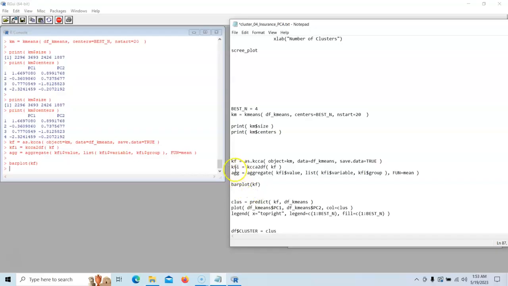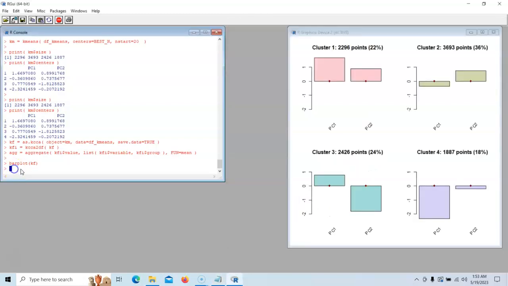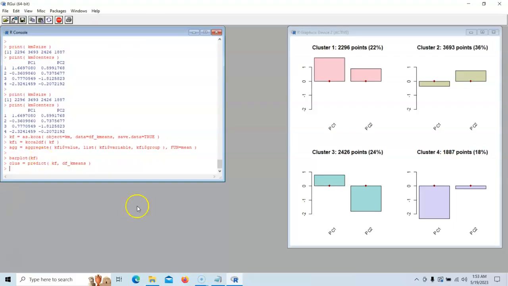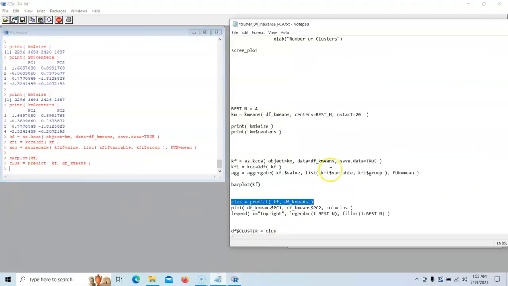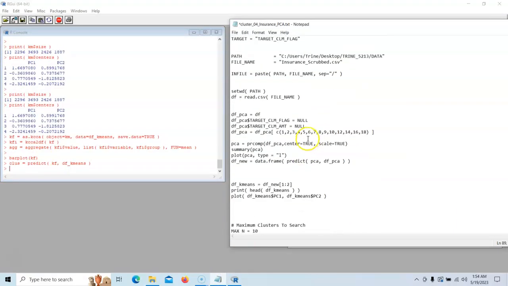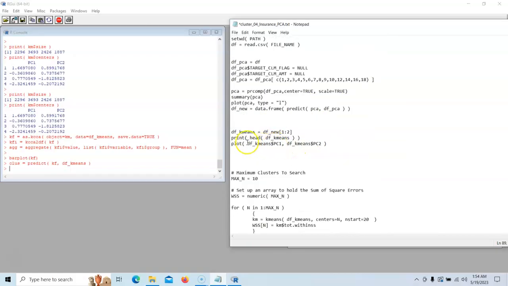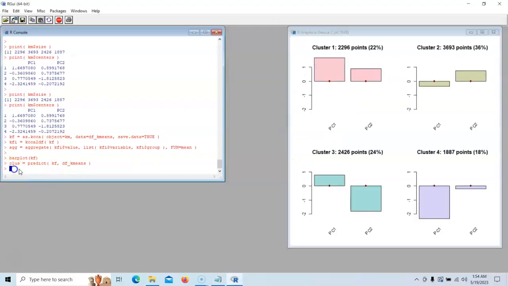Because we have this flex class object, we can use the predict command. So we're going to predict this here, and we're going to shove the answers into class. Okay, now if we go up here and take a look at our plot one more time, this is what we had.